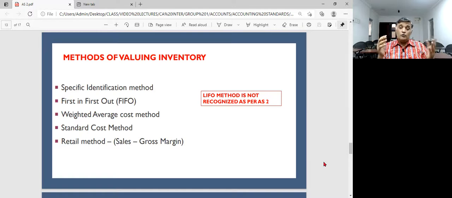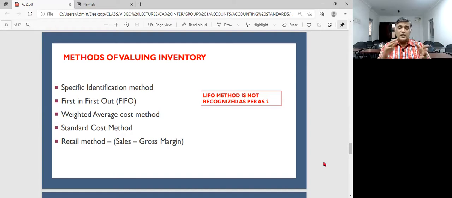If you go to those kinds of industries and start applying the FIFO method of valuation, you will run mad. Please don't do that. You need to be really proactive. That's the reason so many alternatives are given to you. You need to choose which method would be appropriate for which industry. So if you're getting into a retail market, then it's important that you follow the retail method of inventory valuation.